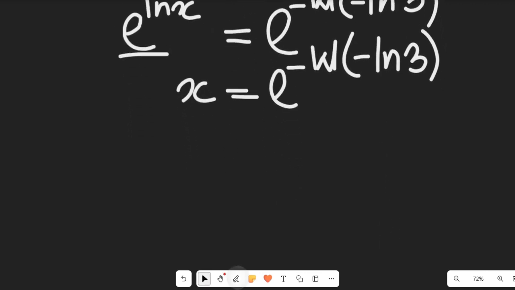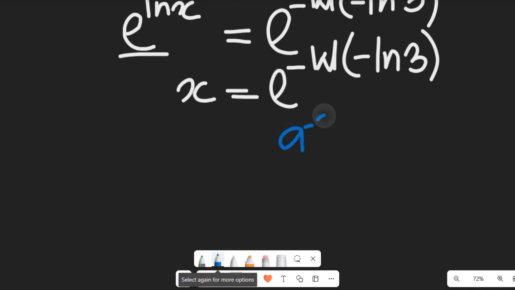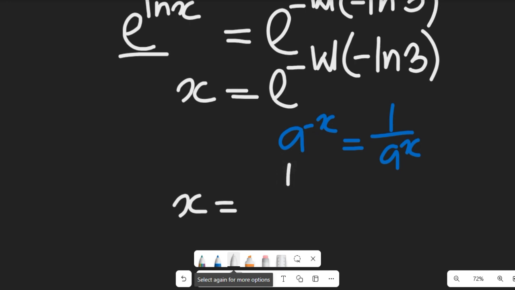If x is equal to this, I want you to recall that if I have a to the power of negative x, this can simply be equal to 1 divided by a to the power of x. So if I simplify that expression, I'll have my x to be equal to 1 divided by the exponent of the Lambert W value of negative ln of 3.